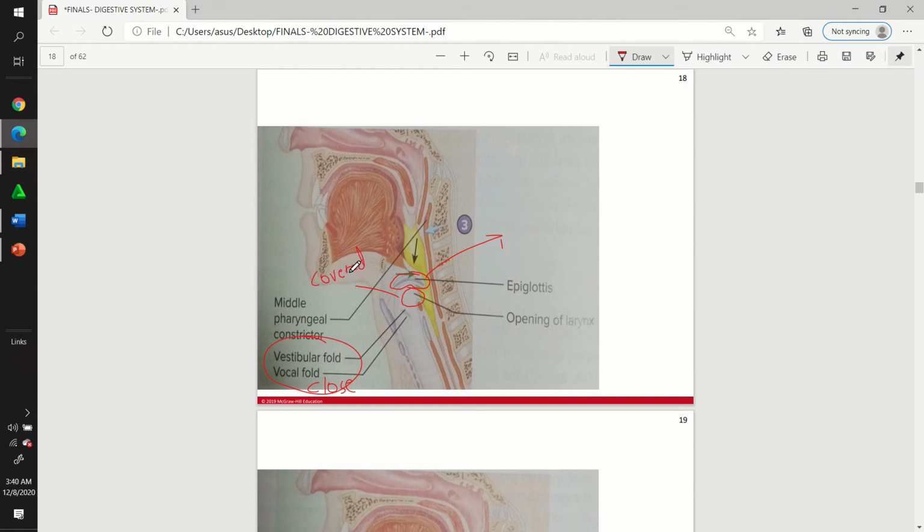Why is that important? Because of this movement of your epiglottis, tipped posteriorly. What is the purpose? In order to cover the opening of the larynx. Kasi kapag naka-open yan, hindi nag-tip posterior yung epiglottis po natin, pwedeng pumasok yung pagkain dun sa larynx po natin. And that is fatal.